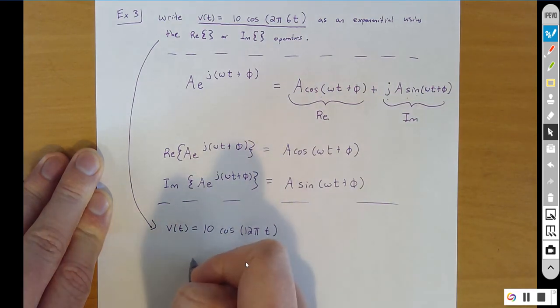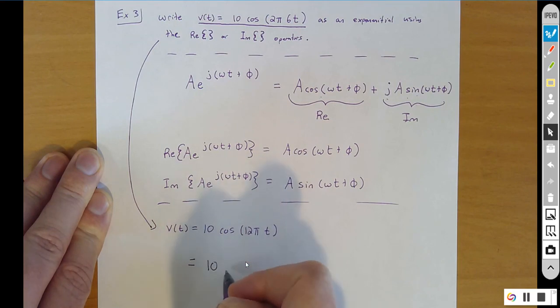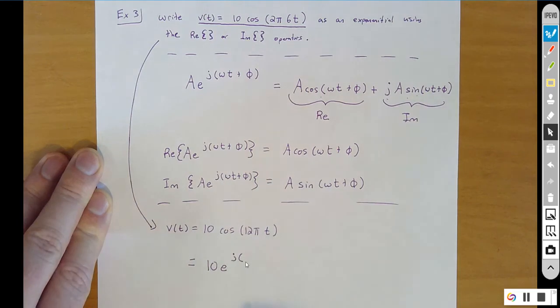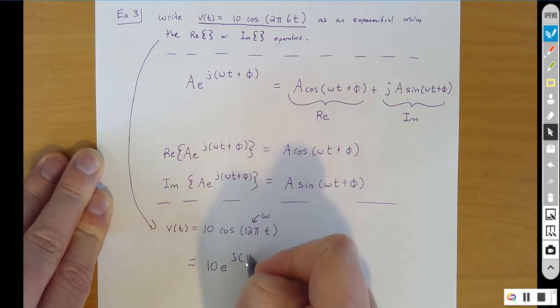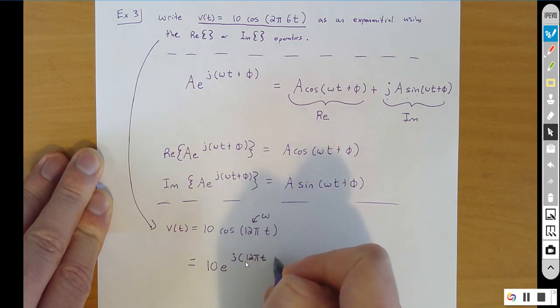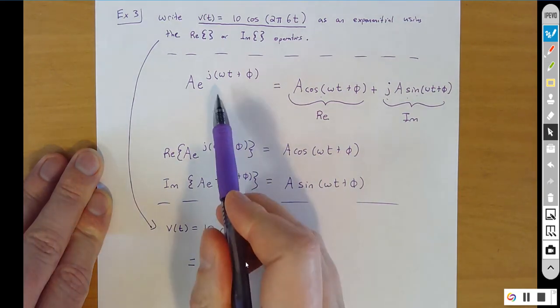So if I wanted to rewrite this as an exponential, I would say that this is 10 e to the j, and then we just repeat our omega t plus phi. So this is omega, so 12 pi t, and then phi is 0, so I'll go ahead and put that in, just to follow our form up here.